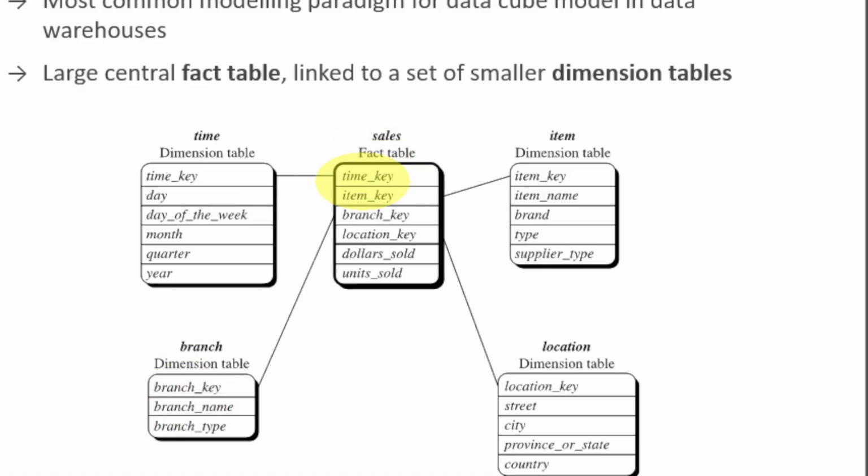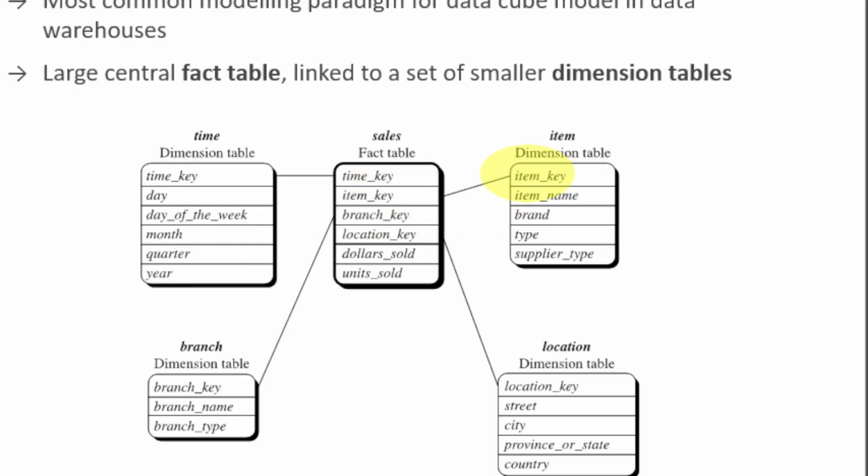In the fact table, I have time key, item key, branch key, location key, dollars, and units. If I see my dimension table, I have time key. Everything showing in your fact table will be showing in your dimension tables on top. Then for time, I have stored date, day of the week, month, quarter, year.